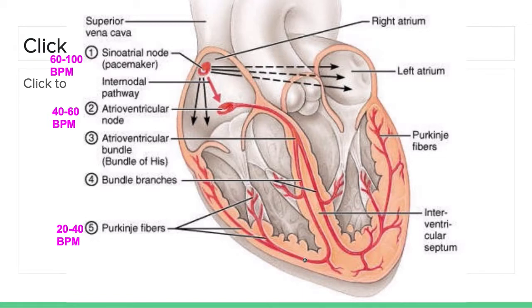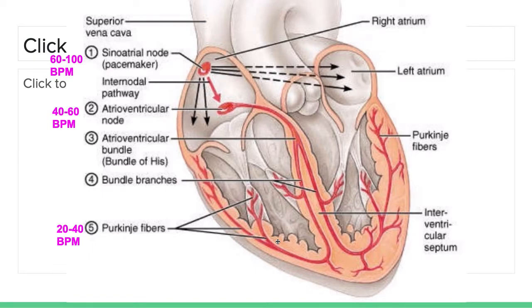We kind of know that we should always have a process where the SA node fires first because it fires the fastest. That signal should spread down through the atria, get conducted to the AV node, and then spread down through the ventricles, and it should always maintain that order.